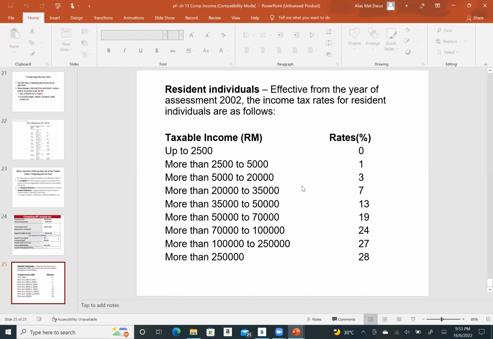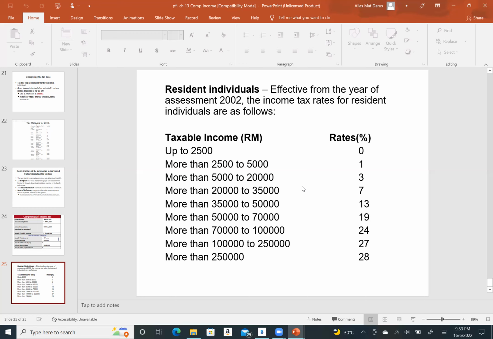The second bracket has the same range, 2,500. What about the third bracket? 15,000. After that, 15,000. What about the next bracket? 20,000. After that, 30,000. And after that, the bracket will be 150,000. So the brackets are different. Normally, as the income gets higher, the bracket also gets wider.